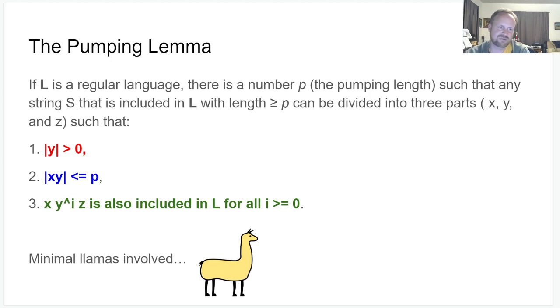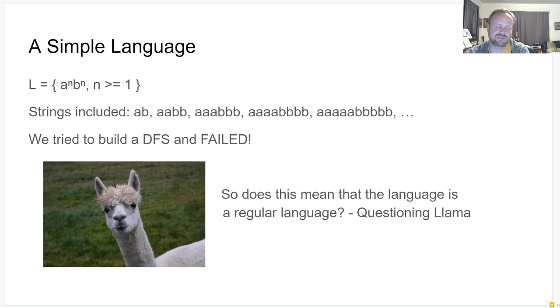So I'm going to show you the pumping lemma through an example. Let's take a simple language. The language that we're looking at is A to the N, B to the N, for all N greater than or equal to 1. Whenever we're trying to solve a problem in STEM, we do step 1, understand the problem, step 2, enjoy solving it.